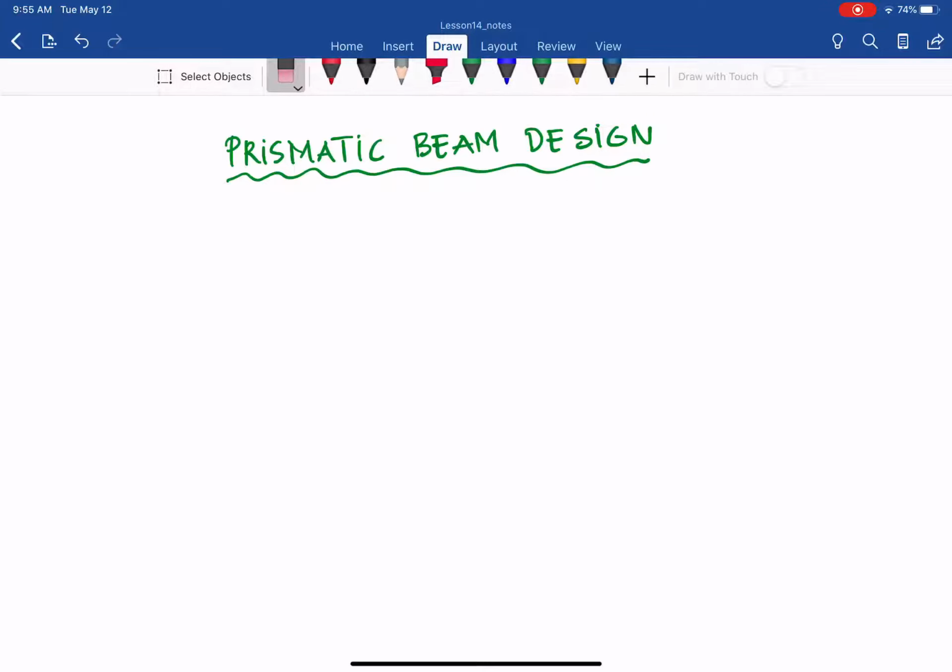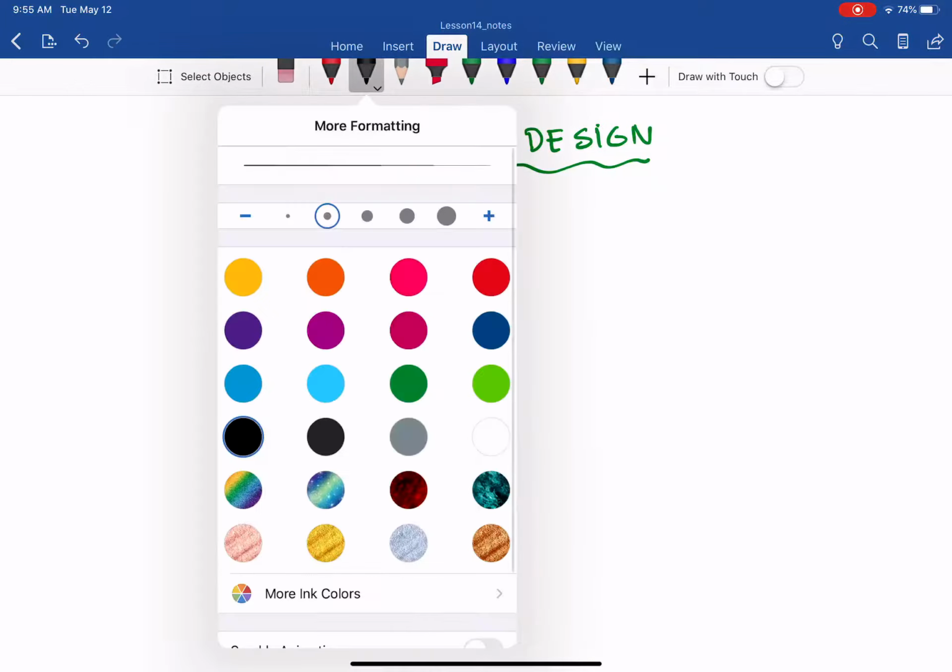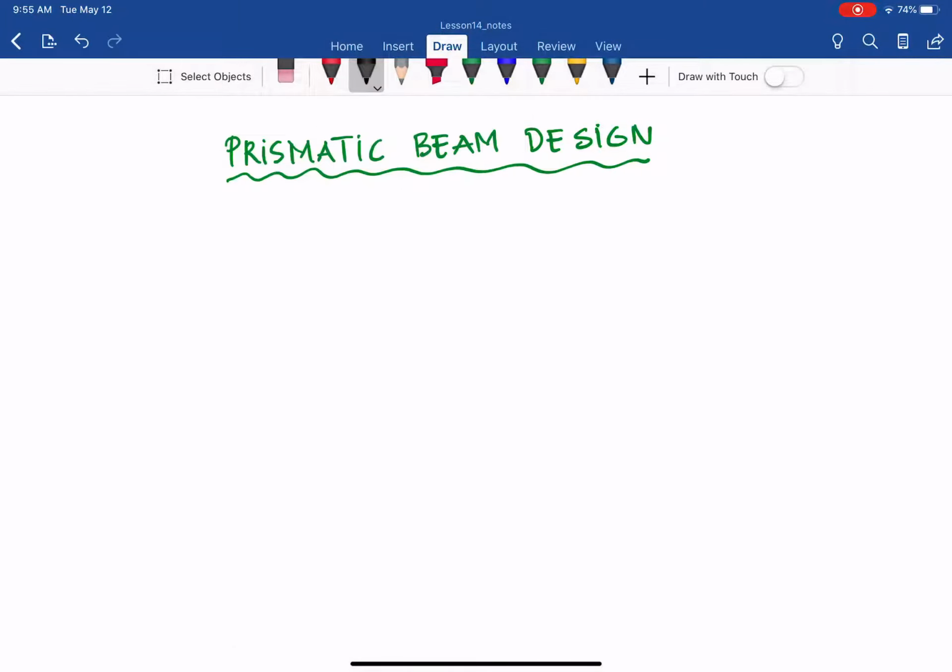The first step, let's write down. And there are two things that we consider for each step. First, for the beam, let's draw a simple beam here.